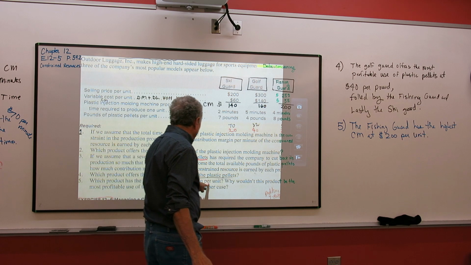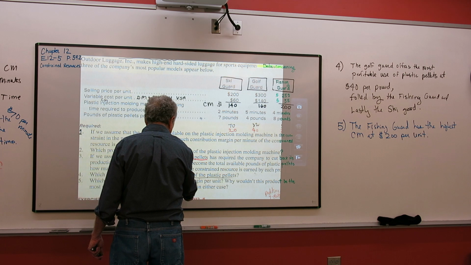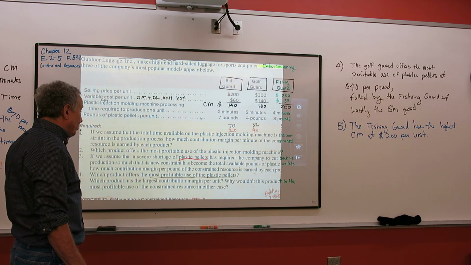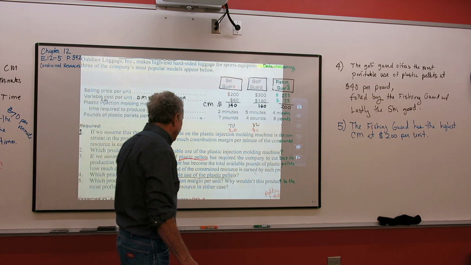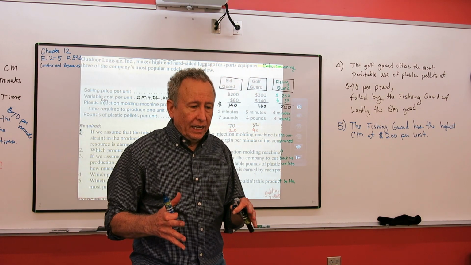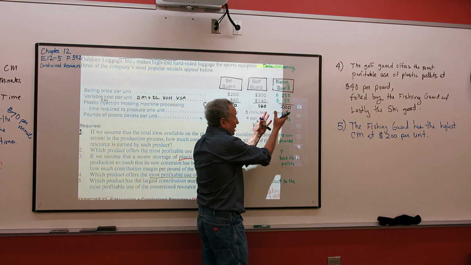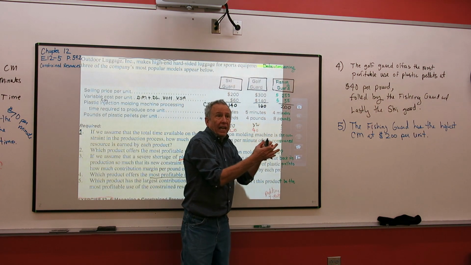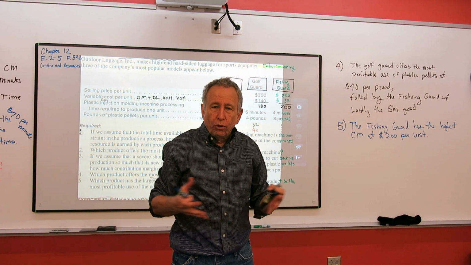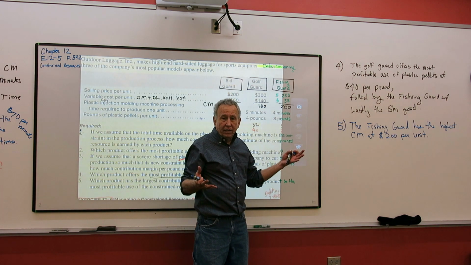Which product has the largest contribution? Why wouldn't this product be the most profitable use of the constrained resources in either case? Well, I guess that is the key question. The whole point of this is to show you that profitability is relative. In the first case, this is the best answer. If your plant has available capacity to make all 3 of these products and there's no constraint, then that is the best answer relative to having the capacity.